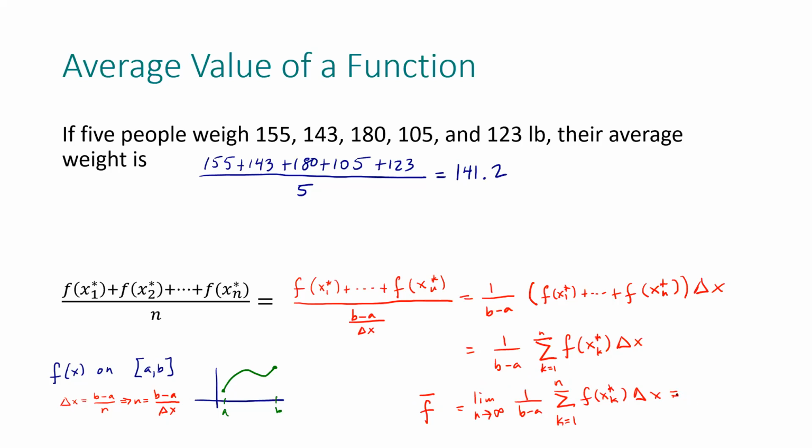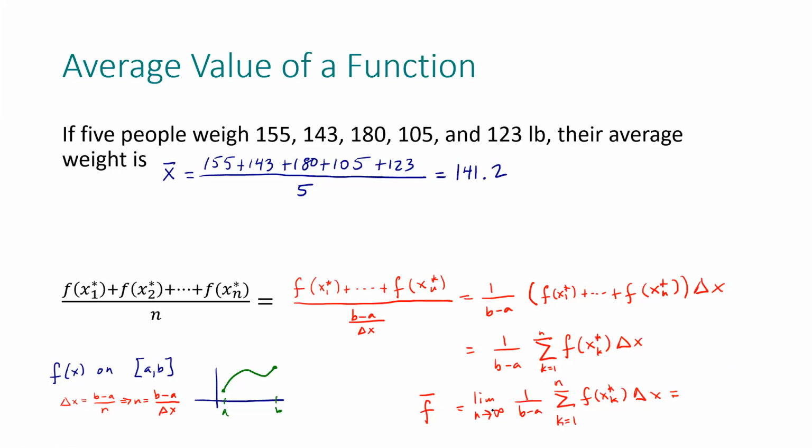And so that's notation that resembles the notation we would use for the mean of a sample like this. So x bar would be what we use here, but for the average of a function, we use f bar.